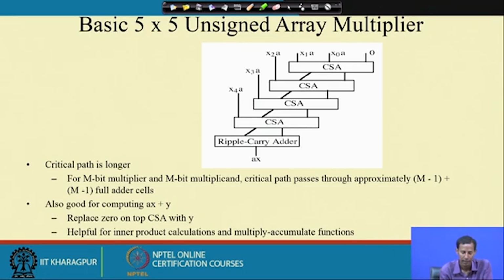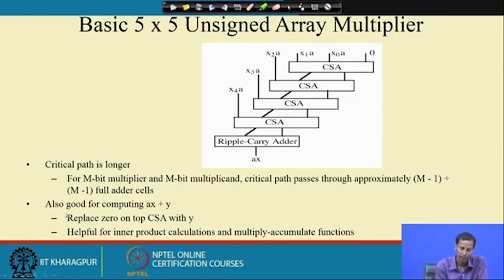That is why the critical path is longer. For an m bit multiplier and n bit multiplicand, the critical path passes through approximately m minus 1 plus n minus 1 full adder cells. So, for an m bit multiplicand and m bit multiplier, both of m bits, it has to pass through 2m minus 2 full adder cells.